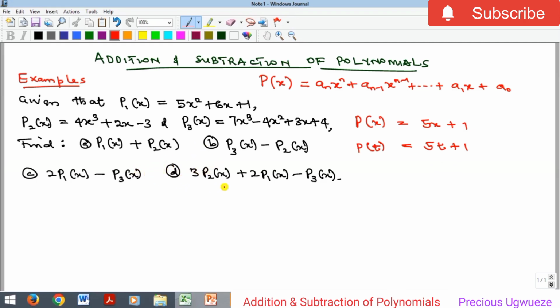In adding polynomials, we do that by adding common terms. And what do we mean by common terms? The coefficient of common terms. Common terms are terms that have the same exponent.